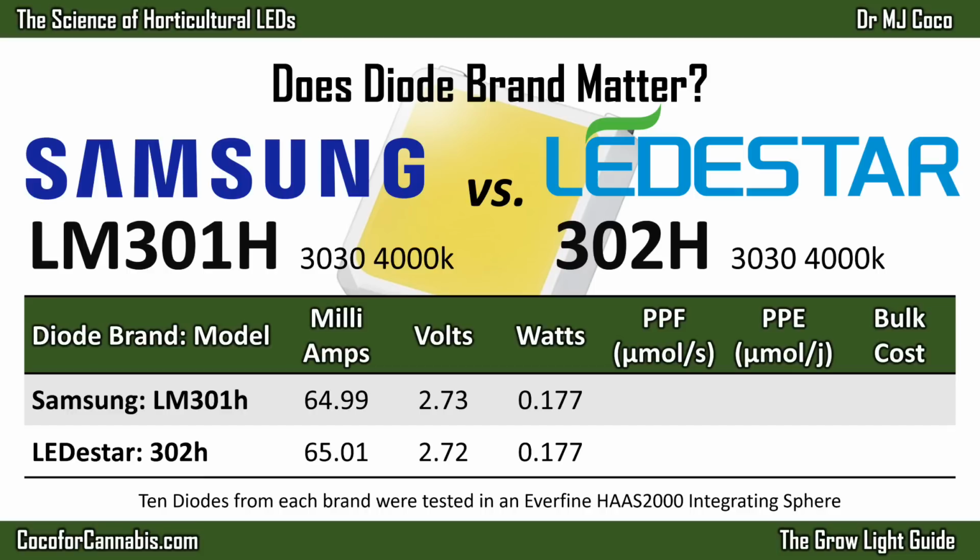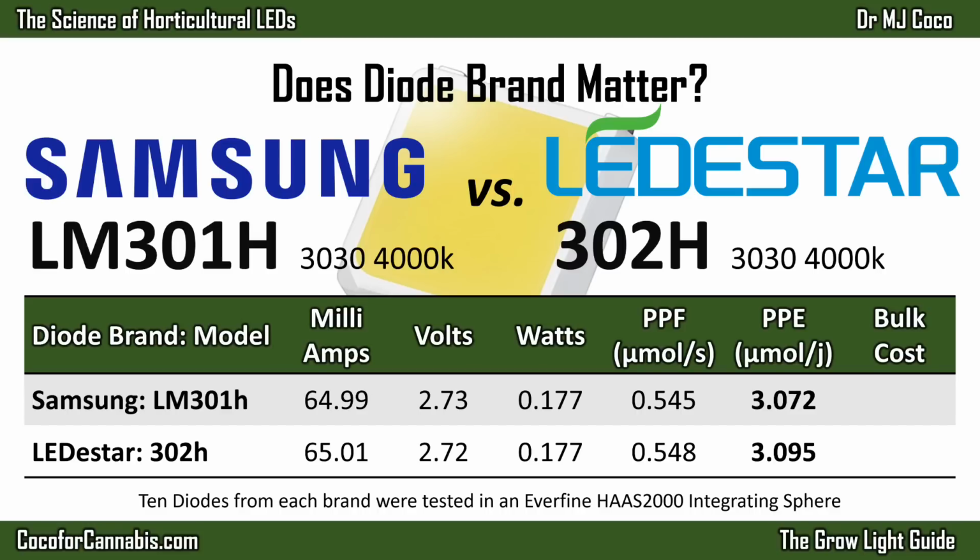In 10 tests, the Samsung LM301H diodes had an average PPF output of 0.545 micromoles per second, which is 3.072 micromoles per joule. The Lettistar 302H diodes had slightly higher averages across their 10 tests. The PPF output was 0.548 micromoles per second, which is 3.095 micromoles per joule.